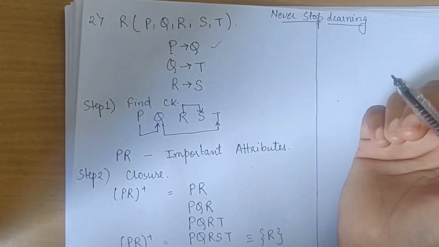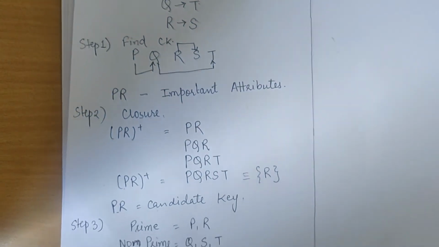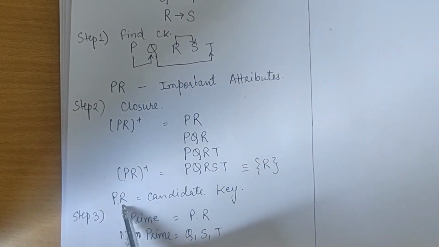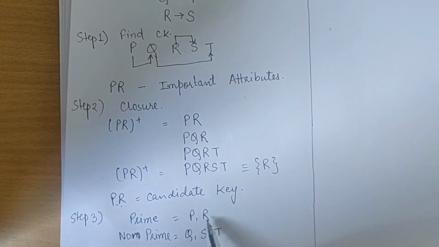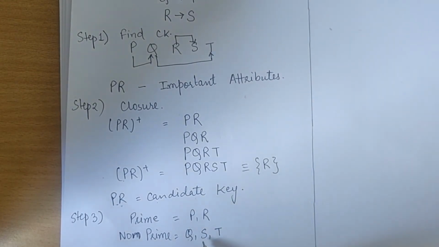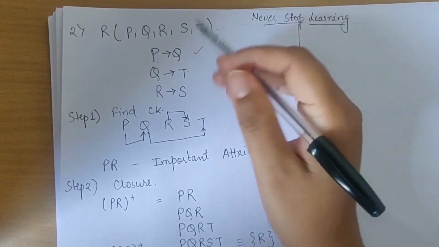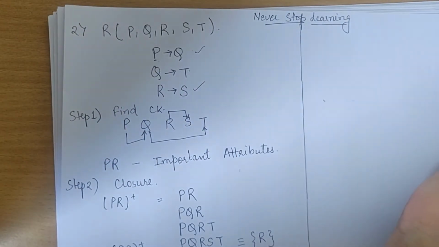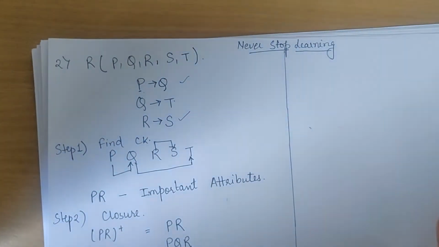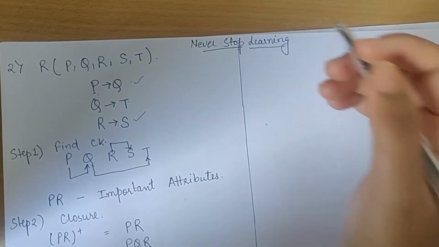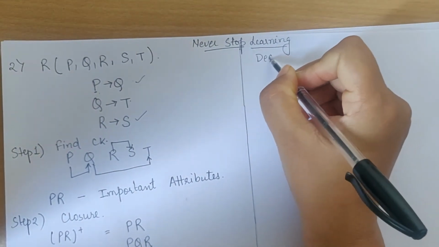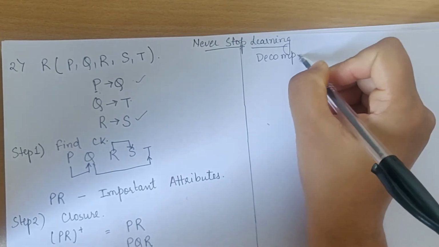R determines S. Again here is a problem. R is a proper subset of the candidate key and R is a prime attribute, and R determines S, which is a non-prime attribute, is also a problem. So because of this also there is a partial functional dependency. So now we have to bring it to second normal form. So we have to decompose this relation.